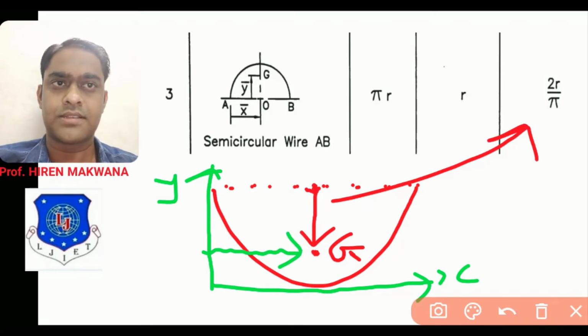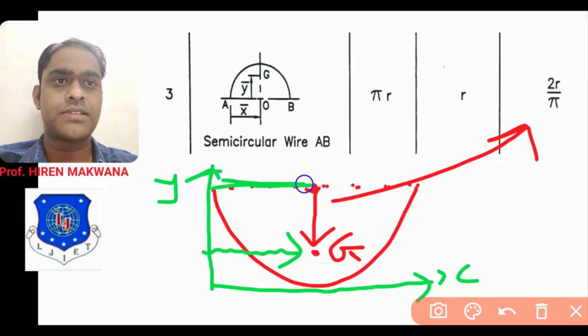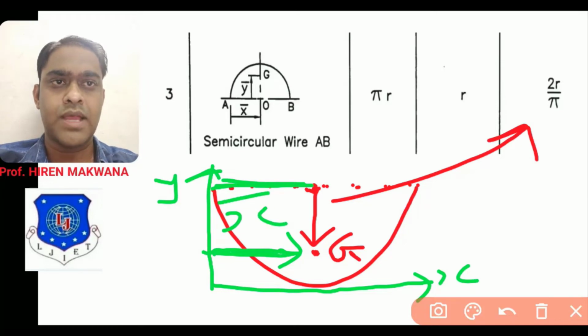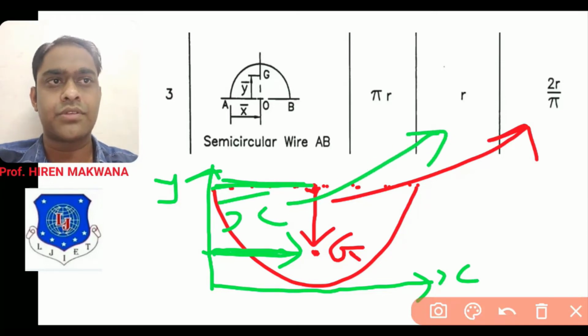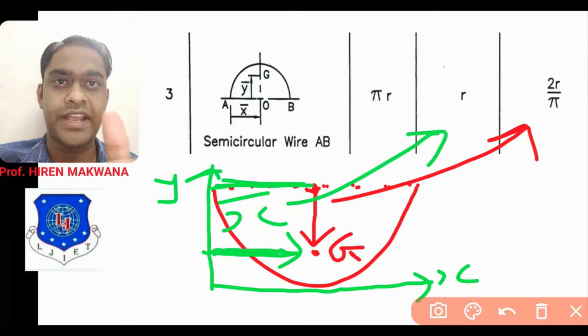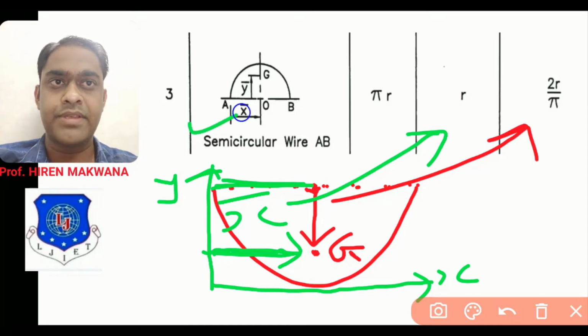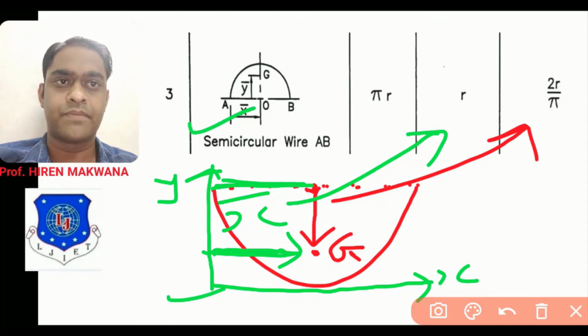This distance is known as x bar, which is equal to the radius of the semicircle. So in this position x bar is not changing. It is the same as in the previous positions.